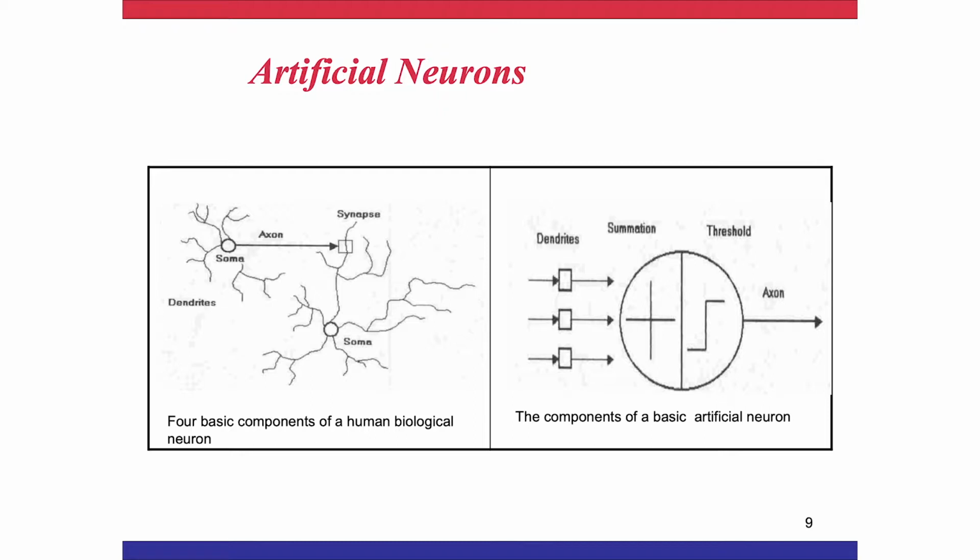Similarly, the dendrites, which are the inputs to the cell in a biological neuron, are nothing but the input channels we have in the artificial neural network. Then the cell does a sort of weighted summation of these inputs, which is shown on the right side figure, where we see a summation of these inputs with the weights. And then there is an activation function, which we see in the right half of the cell. There is a threshold activation function.